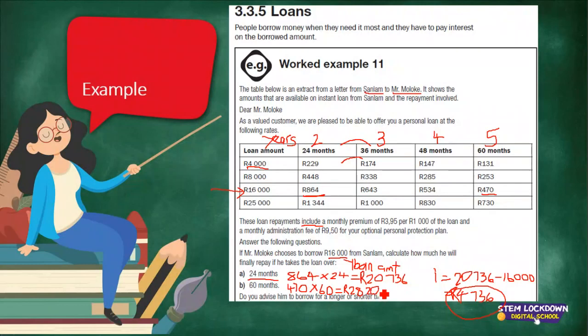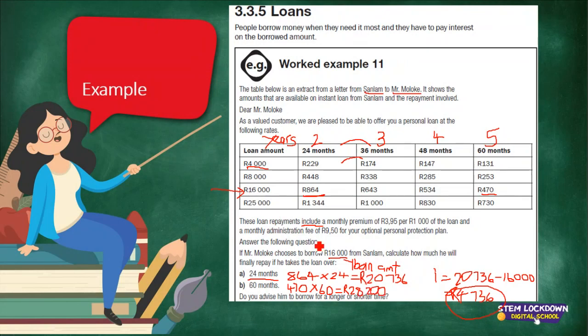28,200. Now notice, from the very same amount of money that he borrowed, he now pays a lot more money back. Obviously, because the term was extended to 60 months. So the interest that the bank will actually earn will be 28,200 subtract 16,000.